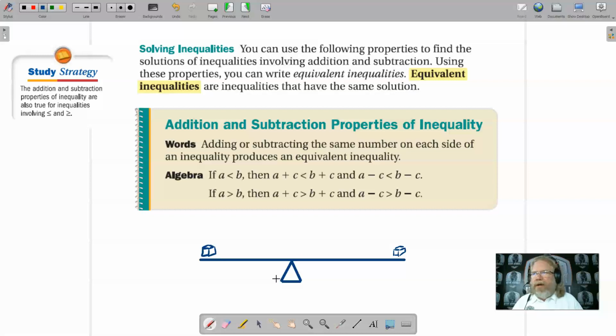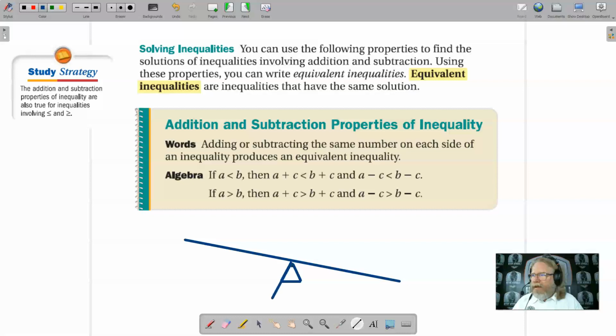However, with inequalities, we're talking about where something's not balanced. So let's go ahead and leave our little fulcrum there. That's what two things teeter on. I'm going to try to draw a line that goes down through that. Maybe I could extend my base of that a little bit so it looks correct.